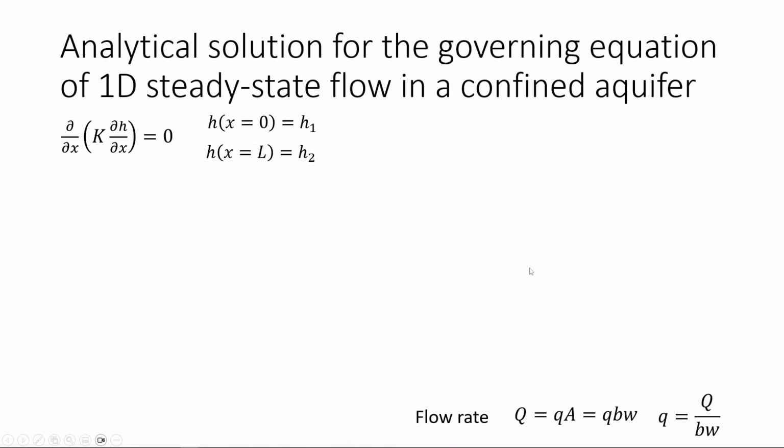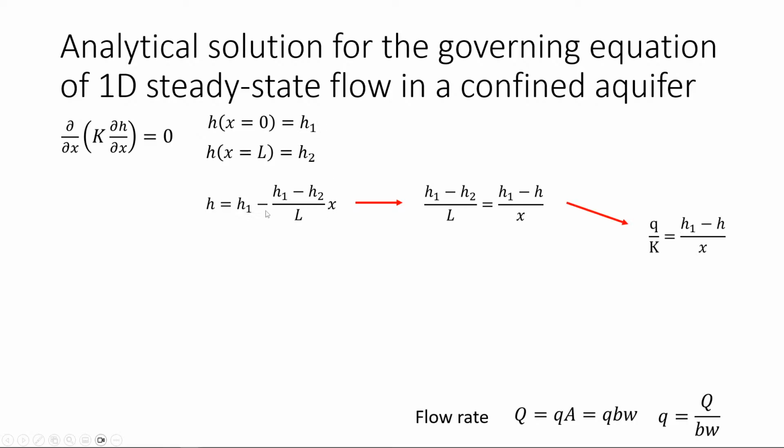Okay. Now, here I'm just showing this again. For this one, that's your boundary condition. You get something that looks like this, and if you rearrange these terms, you can get it into something that looks familiar.